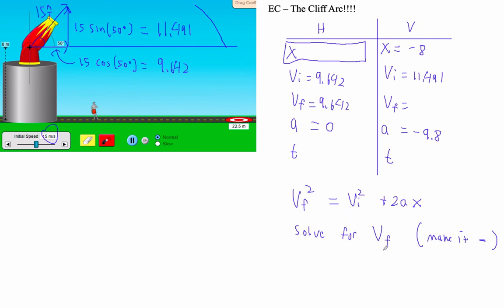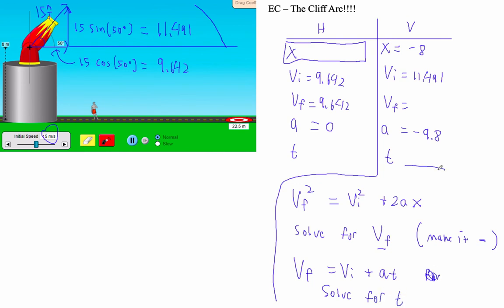Okay, so solve for VF, then use VF equals VI plus AT. This is all on the vertical side. Solve this for t. Solve for time.